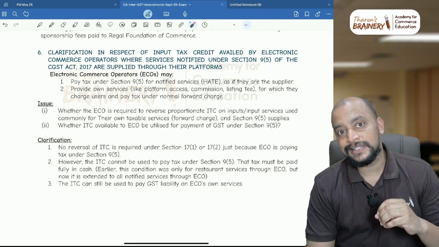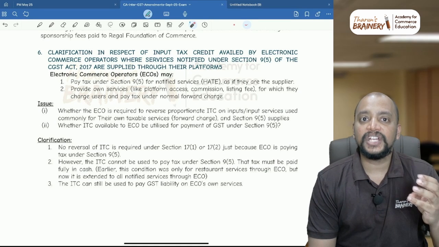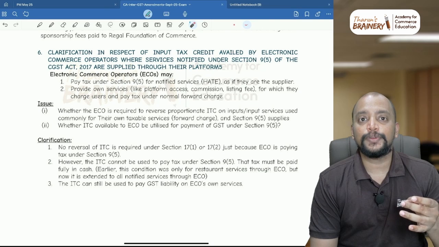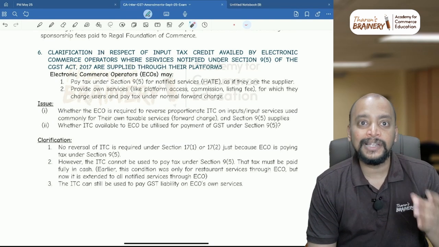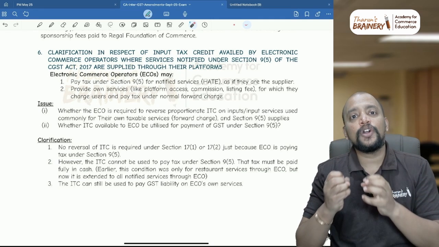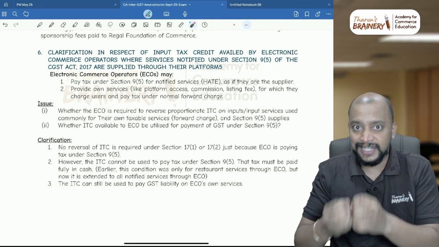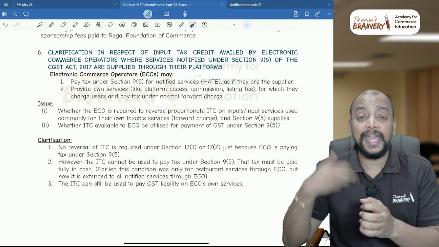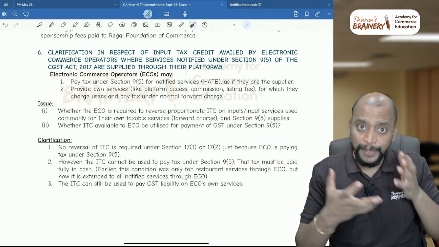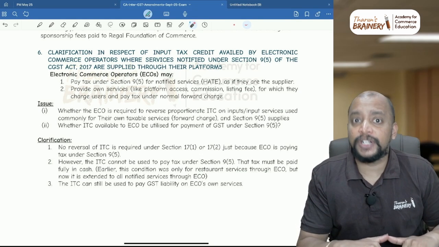What are those services? HATE: H for housekeeping services, A for accommodation services, T for transportation of passengers through any motor vehicle, E for eating food in a restaurant. As per 9(5), when the e-commerce operator is liable to pay GST, how will they be paying GST? Through credit ledger or cash ledger, because they will have some input tax credit.